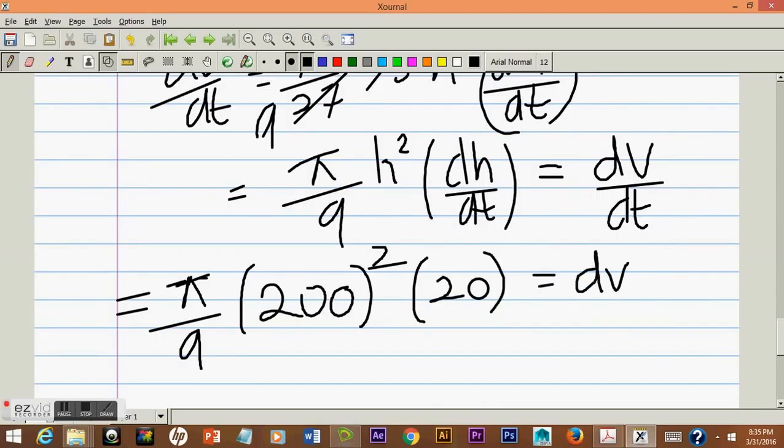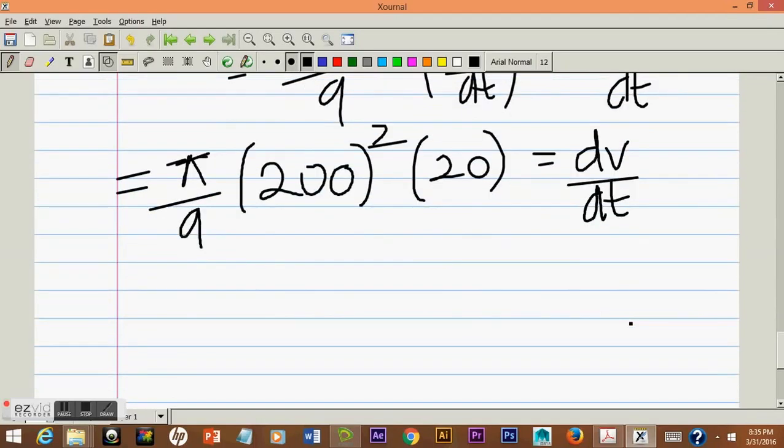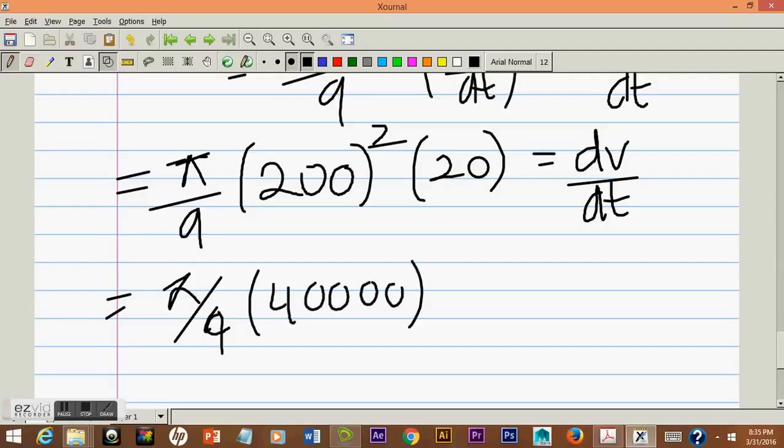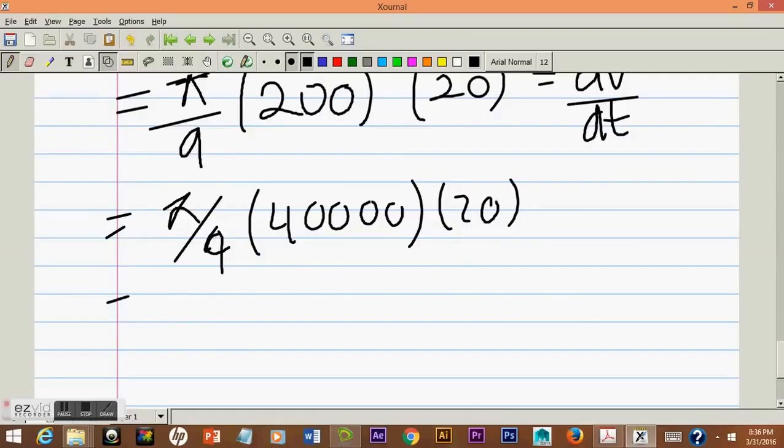So simplify further. Pi/9, if you simplify 200 squared, that is 40,000, into 20, that will give about 800,000 pi over 9.